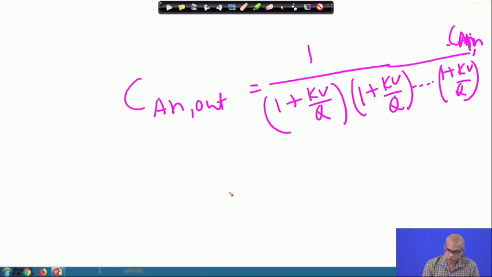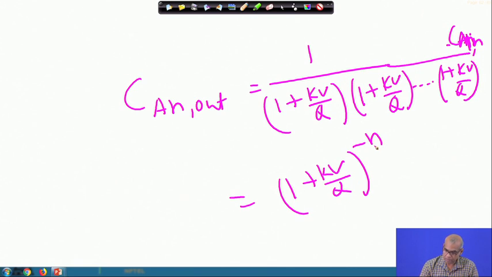So, this leads to 1 plus kV by Q to the power minus n times Ca1 in.